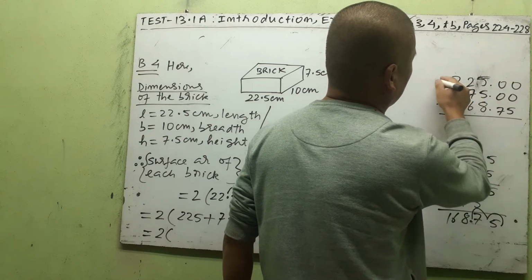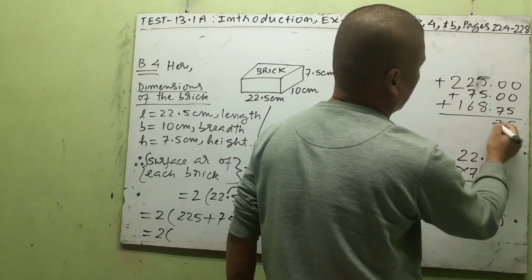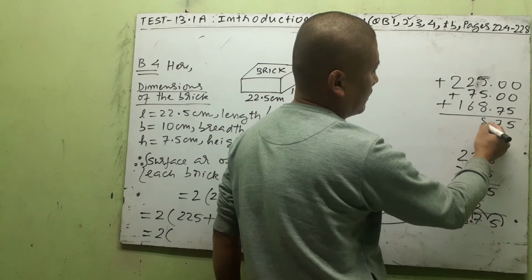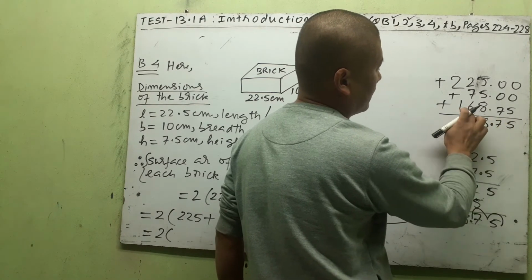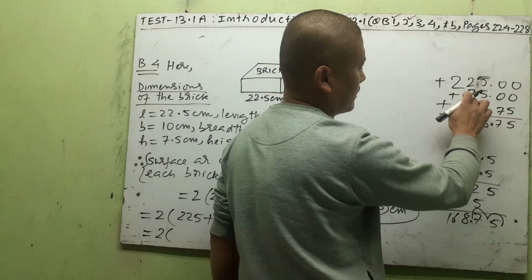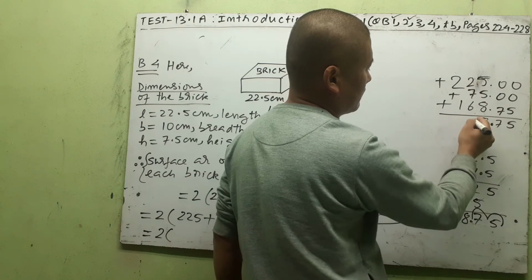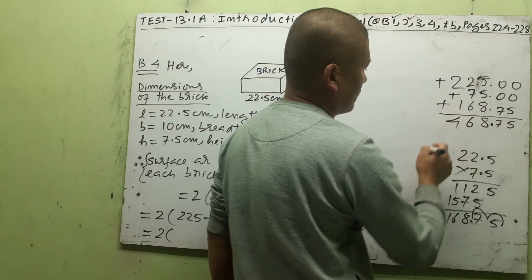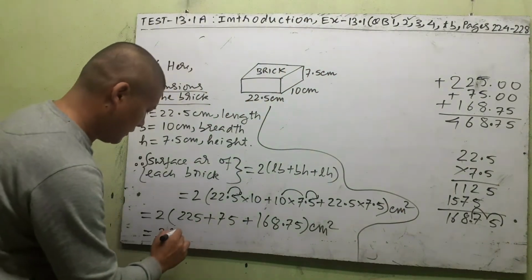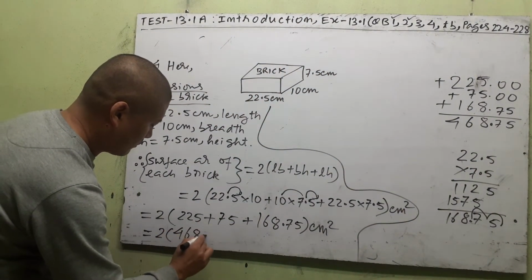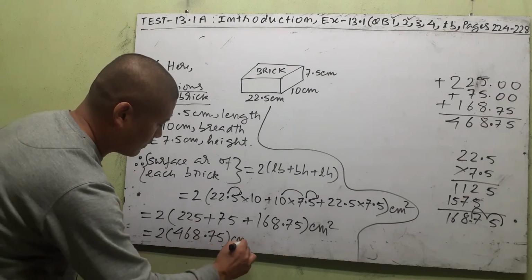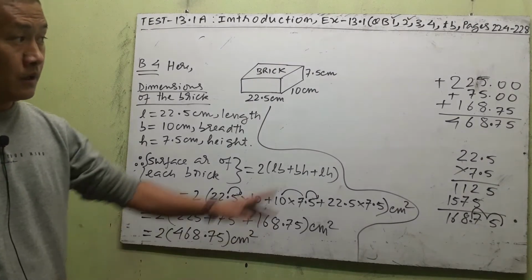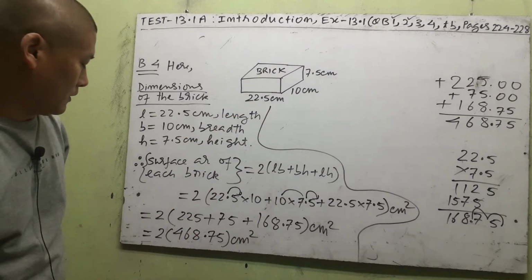Then all are plus, so we're going to add 5, 7, 5 plus 5, 10, 10 plus 8, 18, 1 in hand, 6 plus 1, 7, 7, 7, 7 plus 7, 14, 15, 16, 1 in hand, 2, 3, 4. So 468.75, and at the back, centimeter square. When you add these three, you're going to get this. Write those things on the graph as I said, okay?